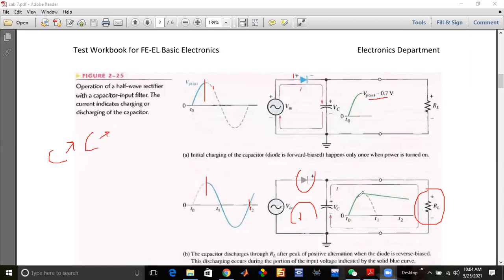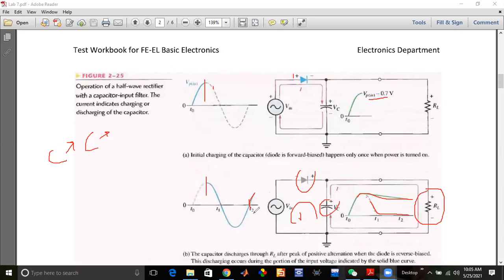So here the capacitor will be discharged slowly, and this was the output of the half wave rectifier. When this portion starts, the diode will become forward biased again, and the capacitor will be charged again.